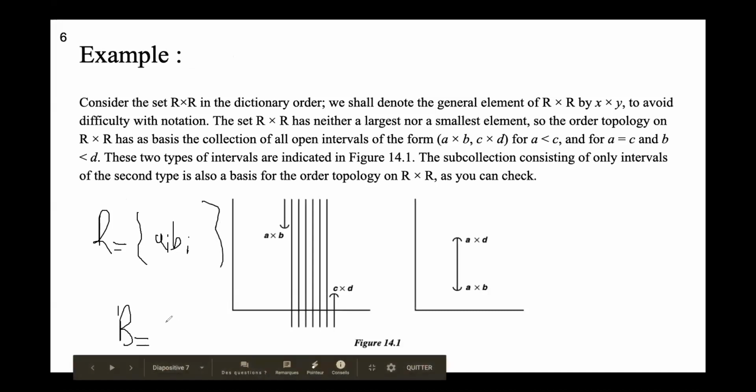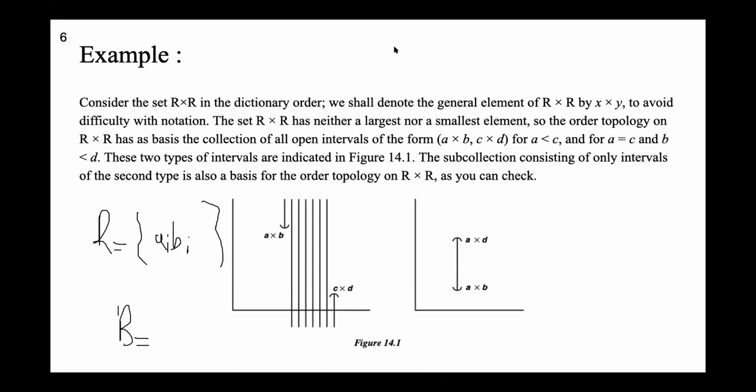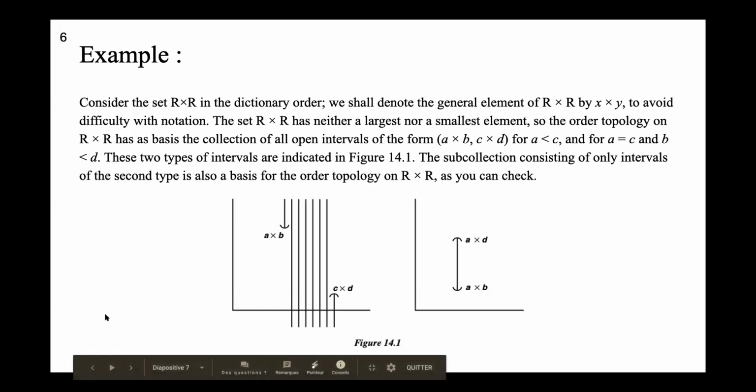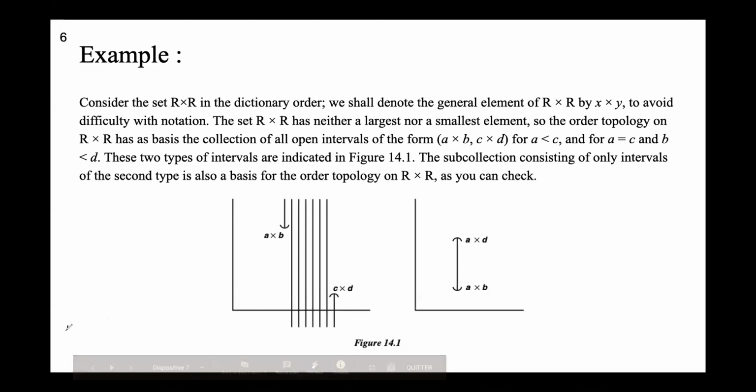Well, let's say, just take it easy. Let's say R is just the real numbers, okay? R is just R. Okay. Then what would be the set in the topology of this, well, standard topology or the order topology you have?